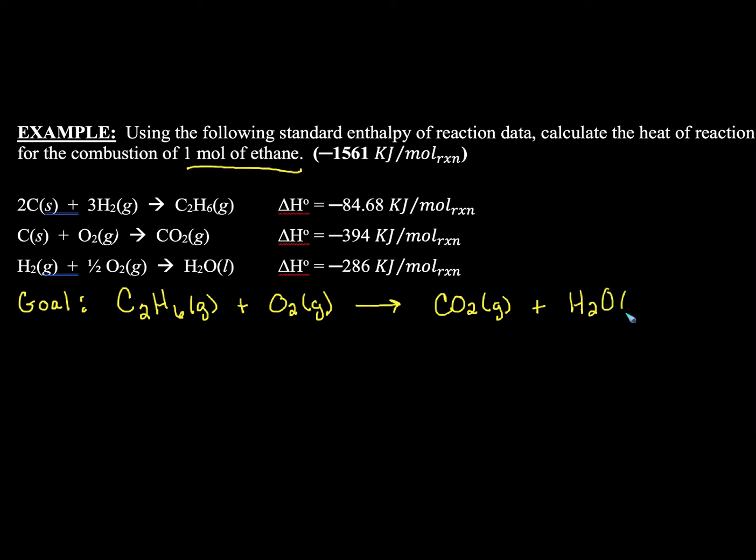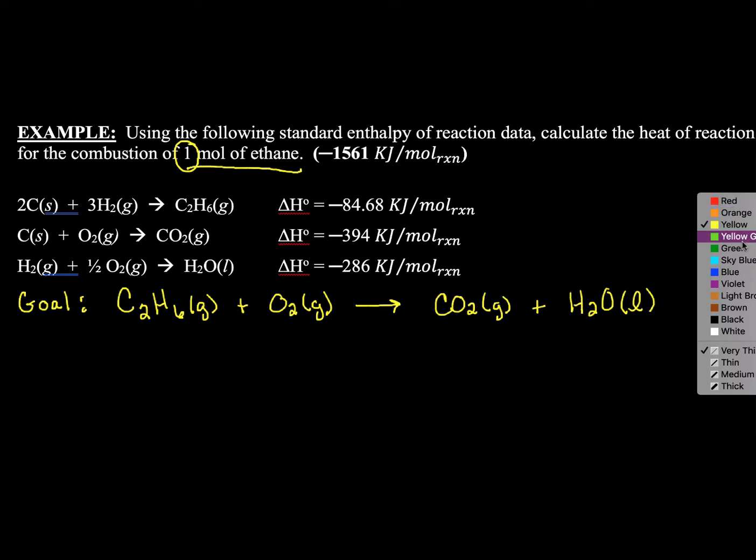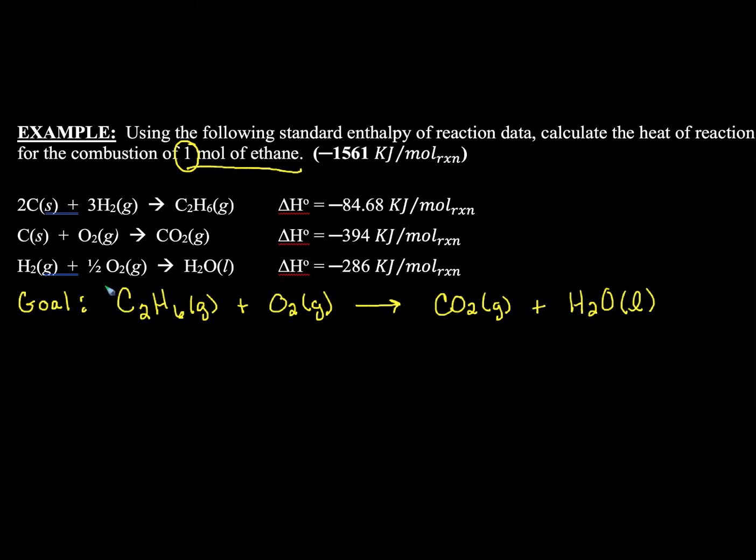And I'm going to use water liquid. Sometimes you'll see gas there, sometimes you'll see liquid. And I need to balance this. And you notice it says I want to combust 1 mole of ethane. So in effect, what I'm doing is I am forcing that coefficient to be a 1.